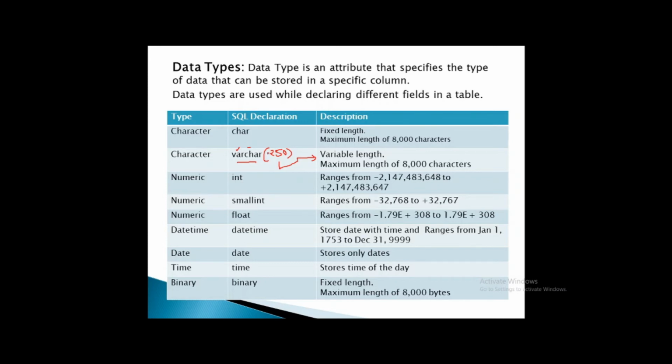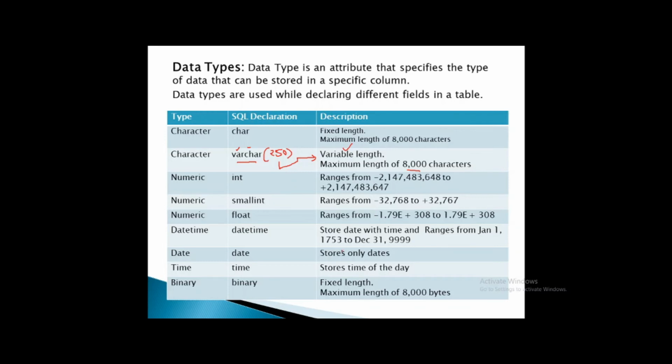It is going to automatically expand from 250 to 350, or whatever value you are going to enter in this character field. So that's a very important part of this particular type, varchar. It's a variable length. That's an important part. And then of course the maximum length is again 8000. All right, so that is about the character type of field.